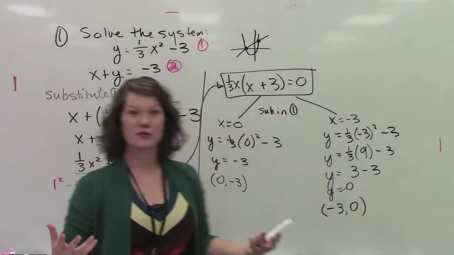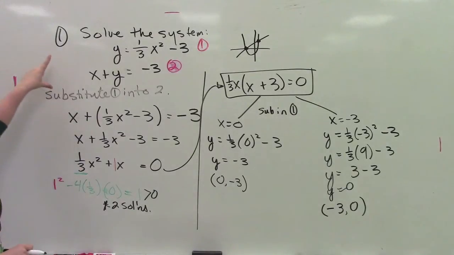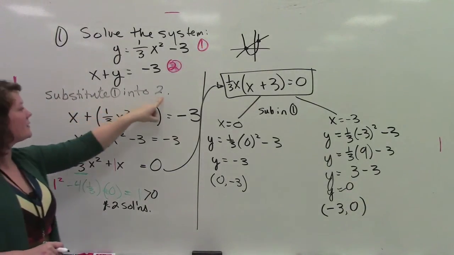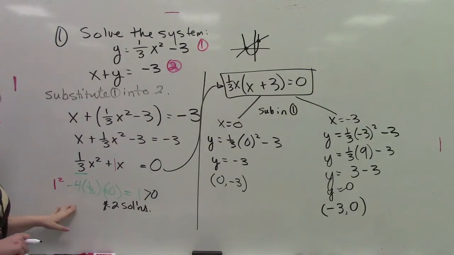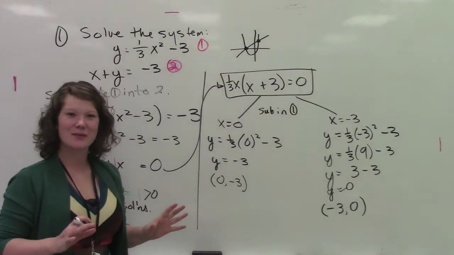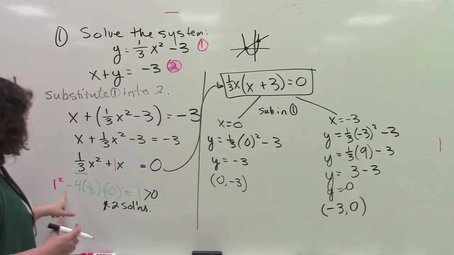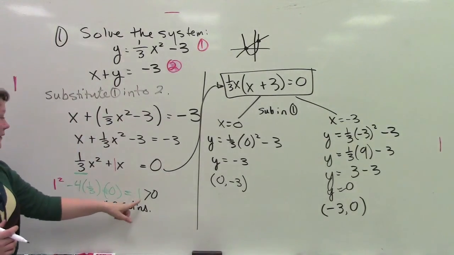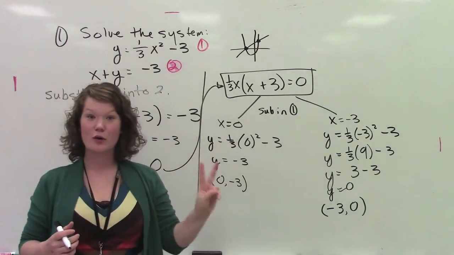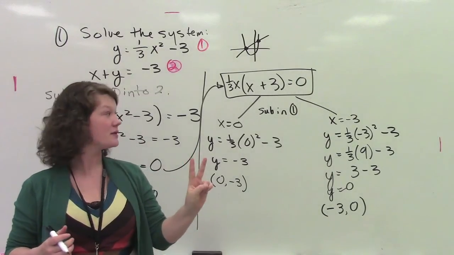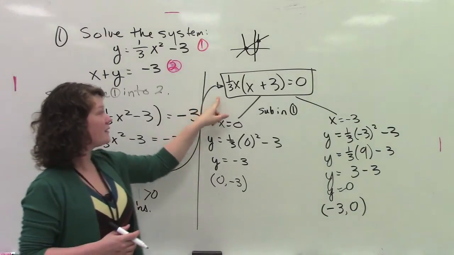So let's just recap. This is what I did. I substituted one of them into another. I substituted 1 into 2. At this point, I thought, okay, I need to be secure in how many solutions I'm going to be getting out of this equation. I did the discriminant. I figured out that it was greater than 0, so I know I'm going to have 2 solutions. So then what I did here is I factored it.